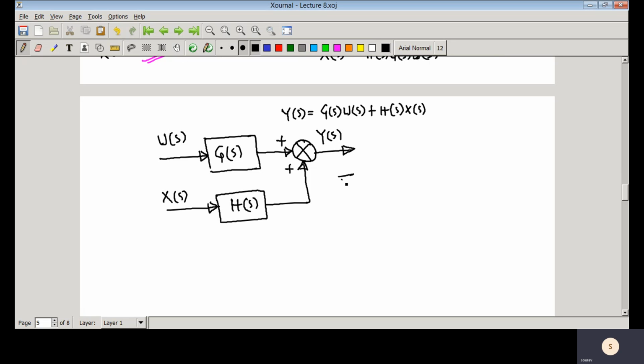Now if you would like to represent this particular block diagram in equivalent form, so basically what we are trying to do, we are trying to shift this particular comparator from that place to this place. So if we shift that comparator, then we are interested in to see how the block diagram transfer functions would be changing.